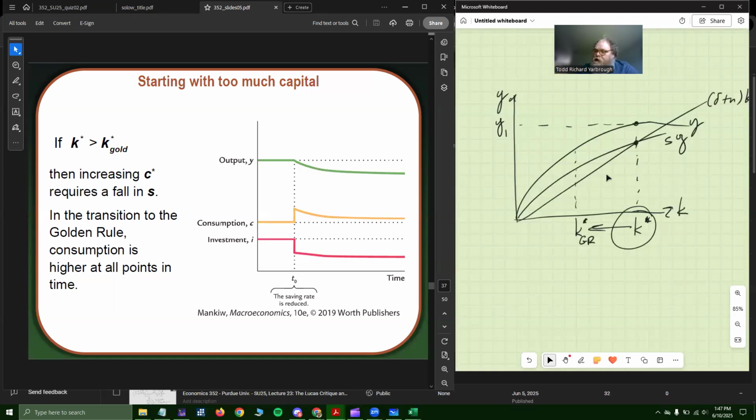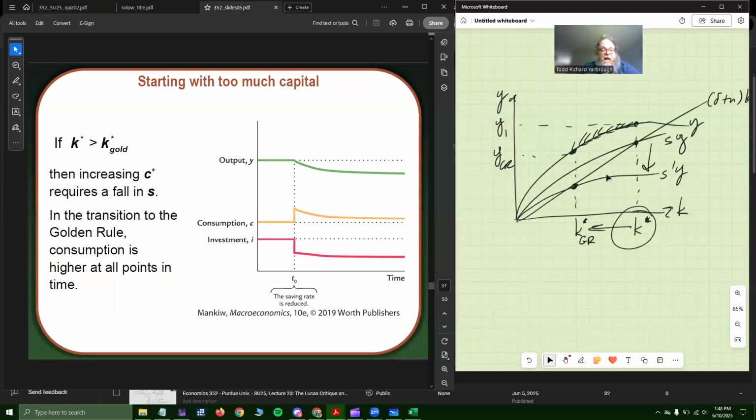So the production function does not change. And so if we shift the savings rate down to S prime Y, again, to get to golden rule here, then output is just going to steadily decline until we reach that steady state. So we started here, and then here's the golden rule. It just steadily declines, right?